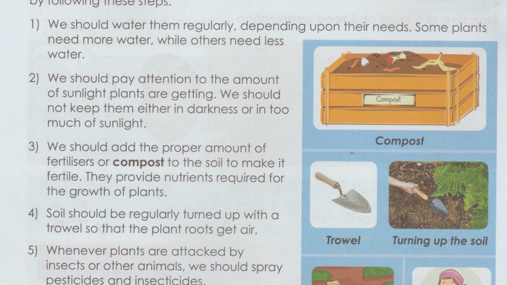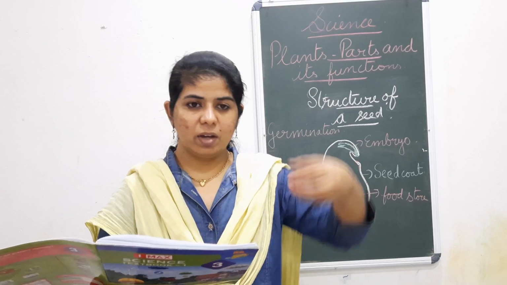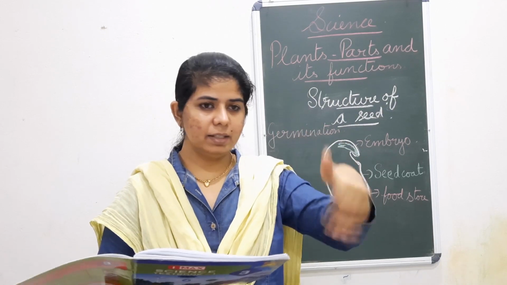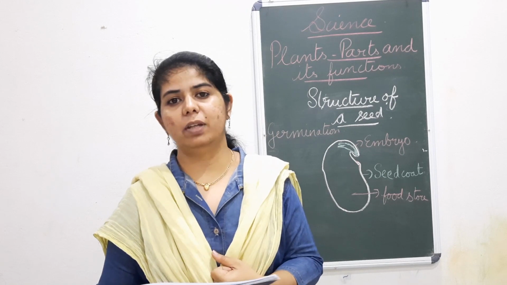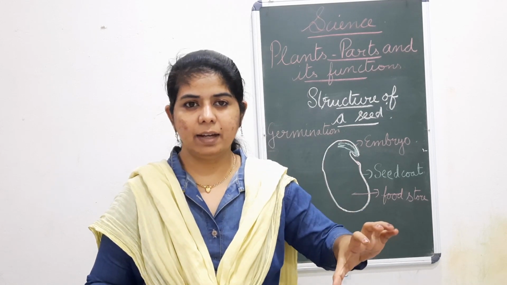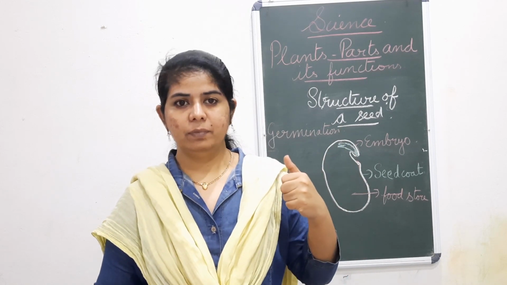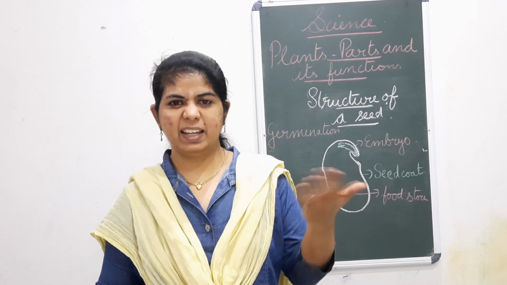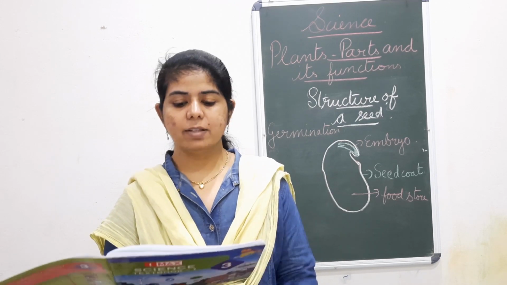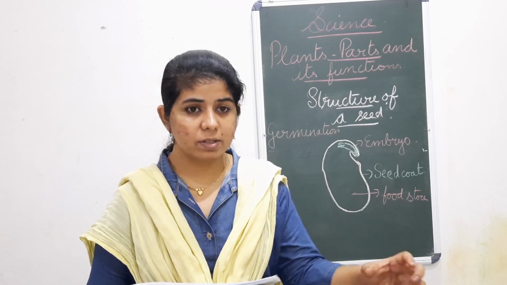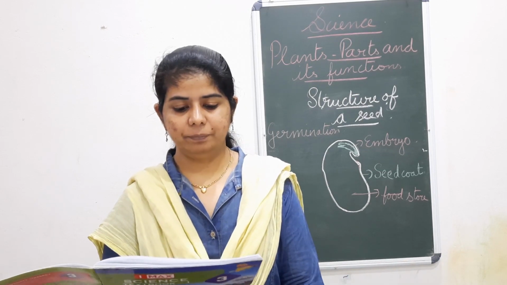Fourth, soil should be regularly turned up with a trowel so that the plant's roots get air. You have to dig it a little and loosen the soil. If the soil is tightened, you have to loosen it, then only the roots can get the air.